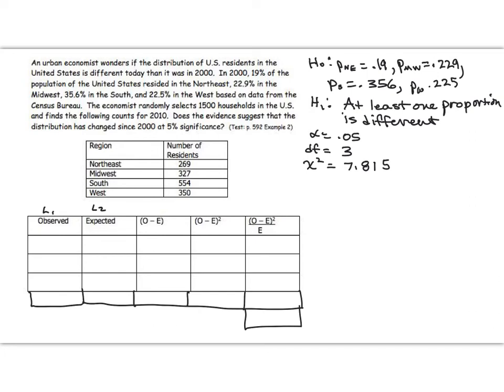So my observed values are 269, 327, 554, and 350. My expected values are 1500 times 0.19. And I would go ahead and put it in the calculator like that so that you get the exact number, not a rounded number. In this case, it's the exact number, but it might not always be.